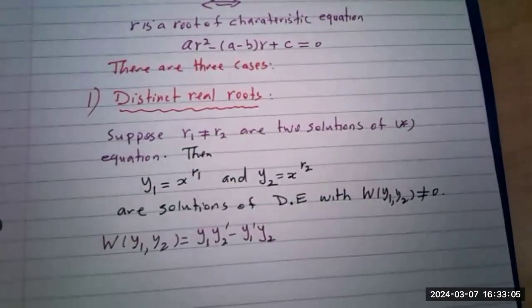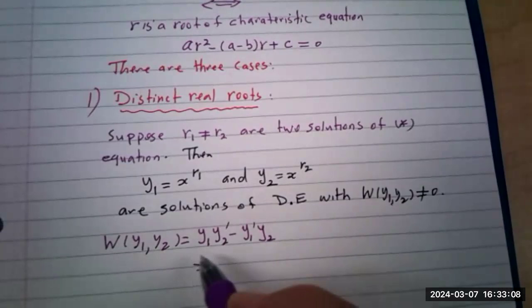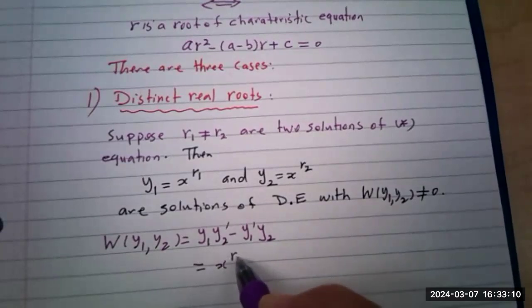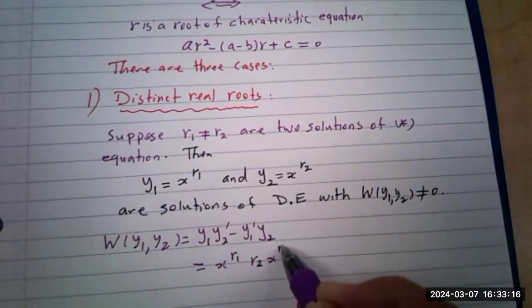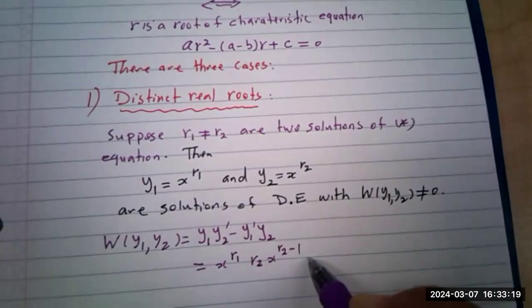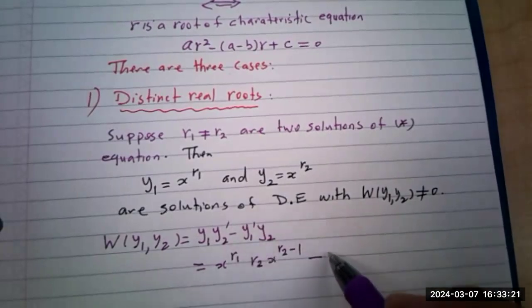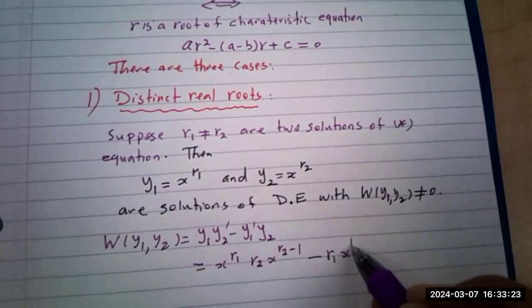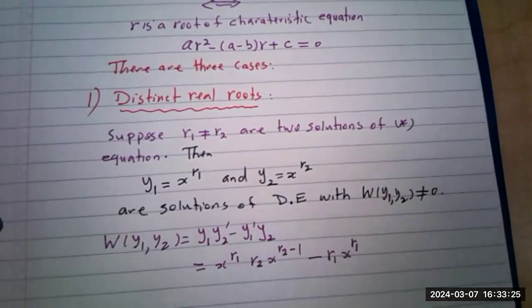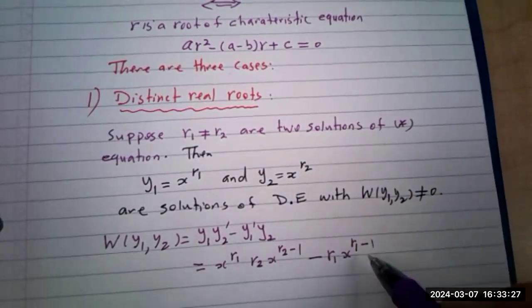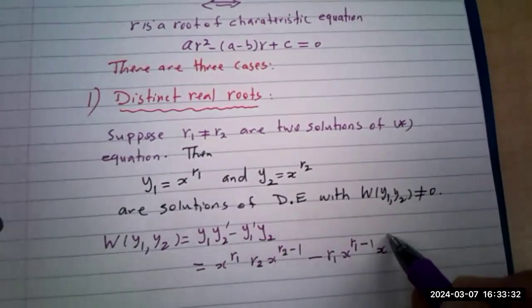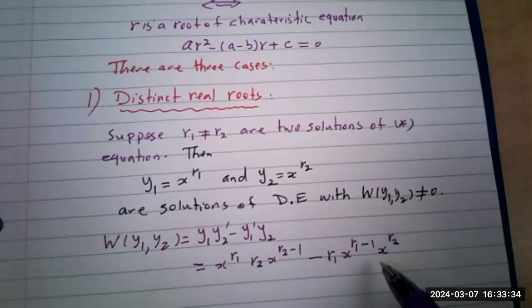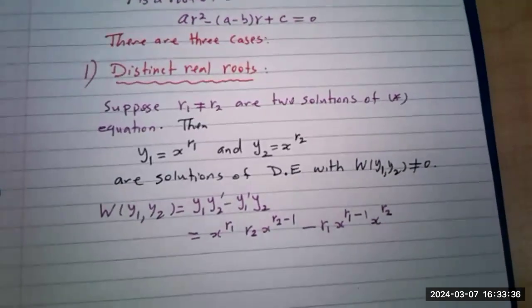If you substitute, y1 is x to the r1, y2 prime is r2 x to the r2 minus 1, minus y1 prime, which is r1 x to the r1 minus 1, times x to the r2.